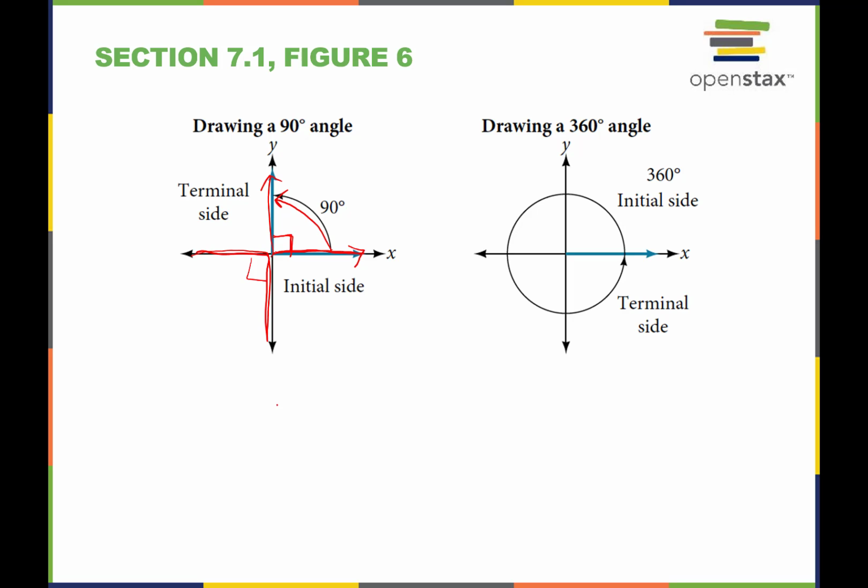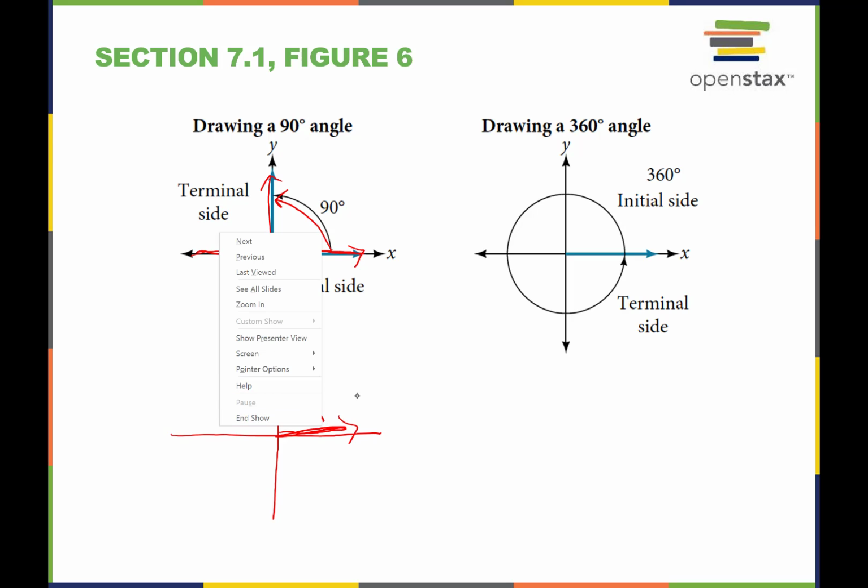Okay, then you have 180 degrees. If it's in standard position, you start here on the positive x-axis, and 180 degrees would be twice that of 90, so it would open all the way up this way. So it would look like a straight line with arrows going in either direction.